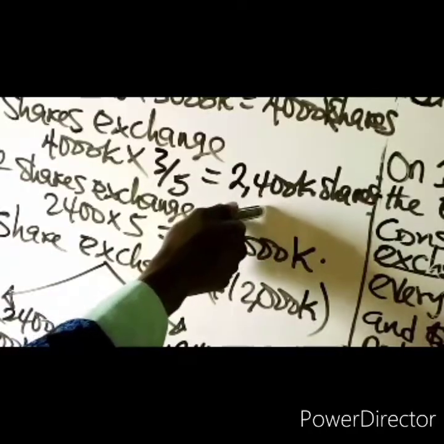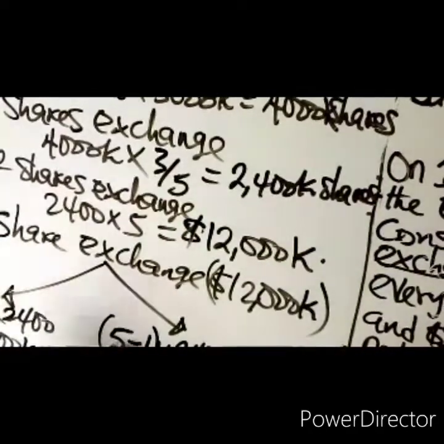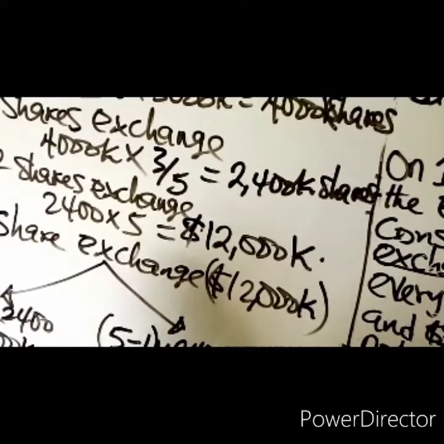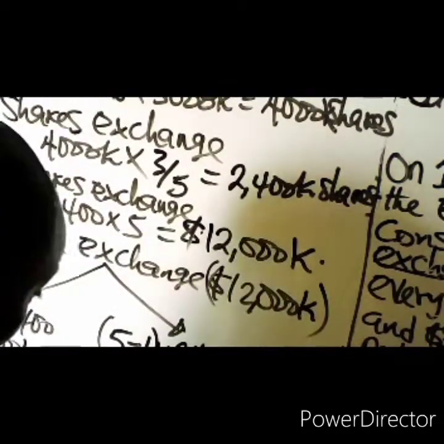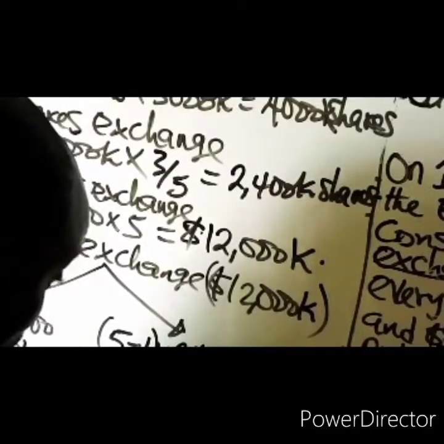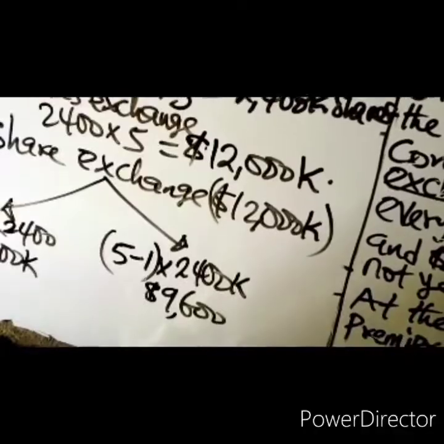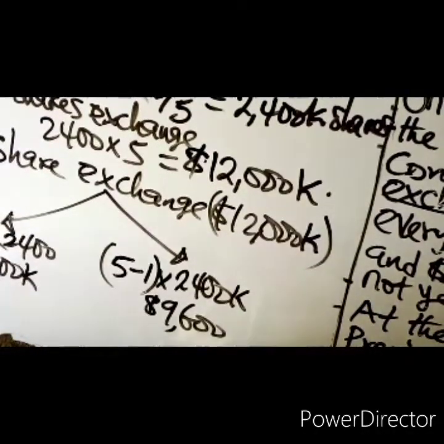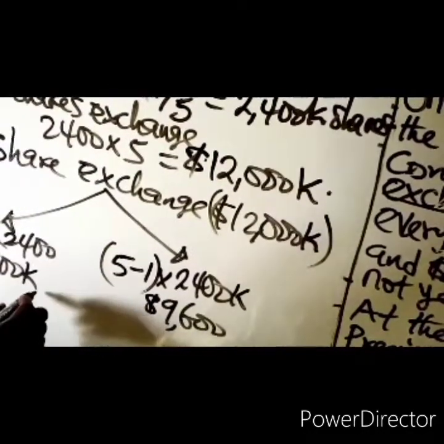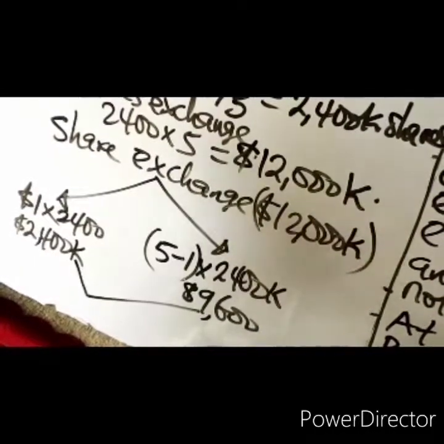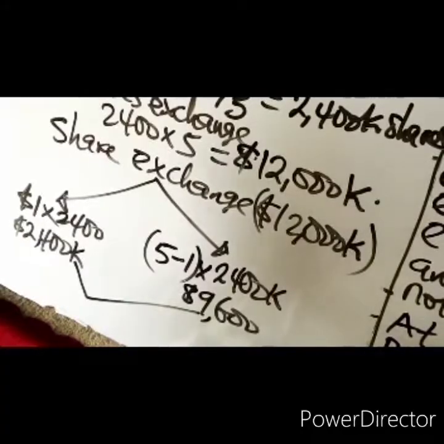So 5 minus 1 will give us 4. 4 times 2.4, and that will give us $9.6 million. This $9.6 million will be added to the share premium for the purpose of consolidation. If you add the 9.6 million and 2.4 million, it will give us the 12 million.